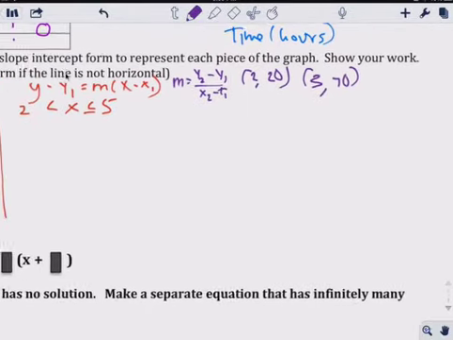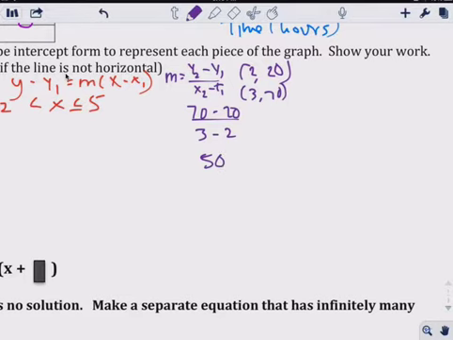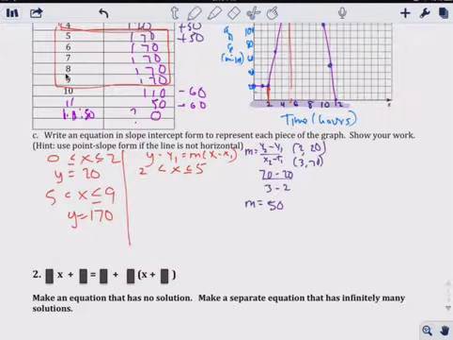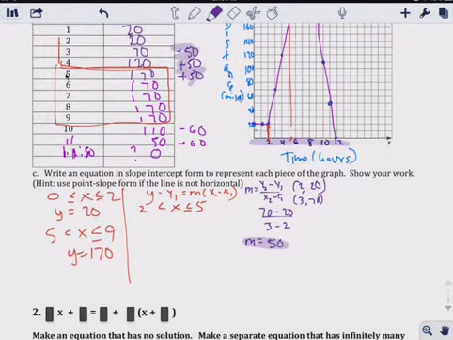So 70 minus 20 over 3 minus 2, which is 50 over 1, or just 50. Notice it's the same as your speed.